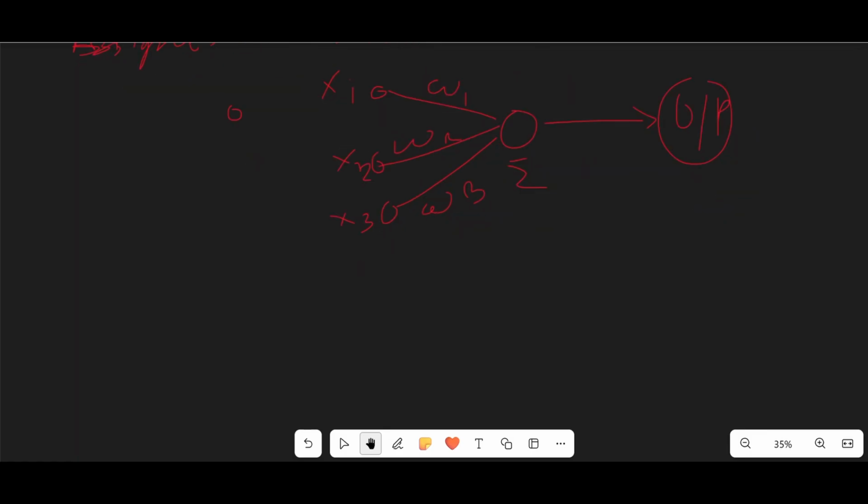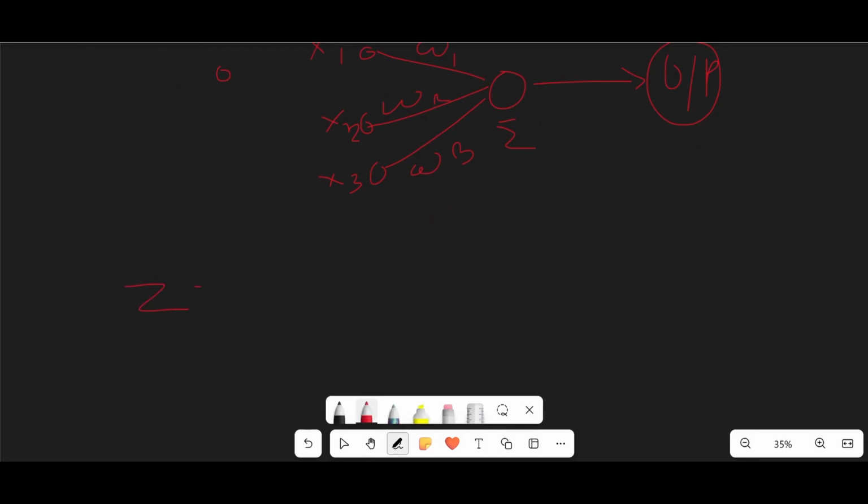The formula is z equal to x1 into weight 1 plus x2 into weight 2 plus x3 into weight 3 plus bias. Don't worry if this formula looks new. It simply represents the same process we just discussed. The formula only helps us write the process in mathematical form.